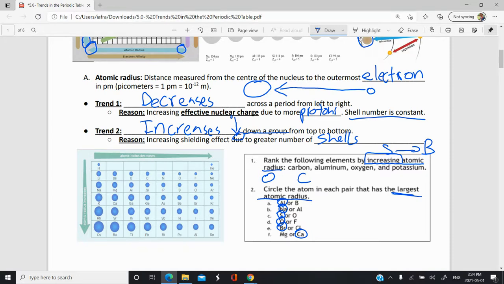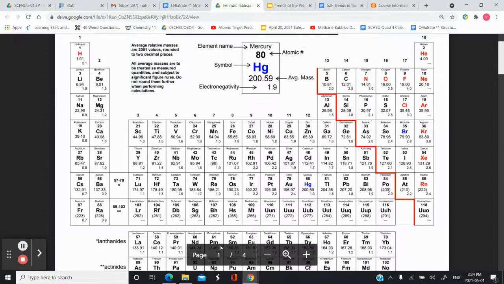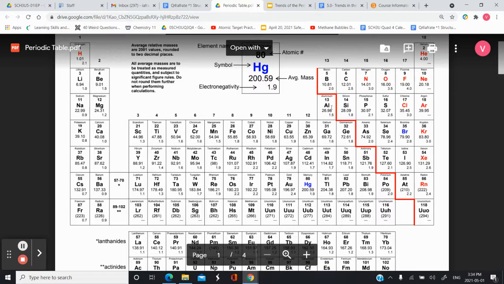Let's try to compare more. Let's see if we can compare maybe aluminum to some of those. So here we have aluminum. And you need to realize that carbon and oxygen are on top of aluminum, and they're also to the right of aluminum. So even if aluminum was in the same period, aluminum would be larger because it's more towards the left side.